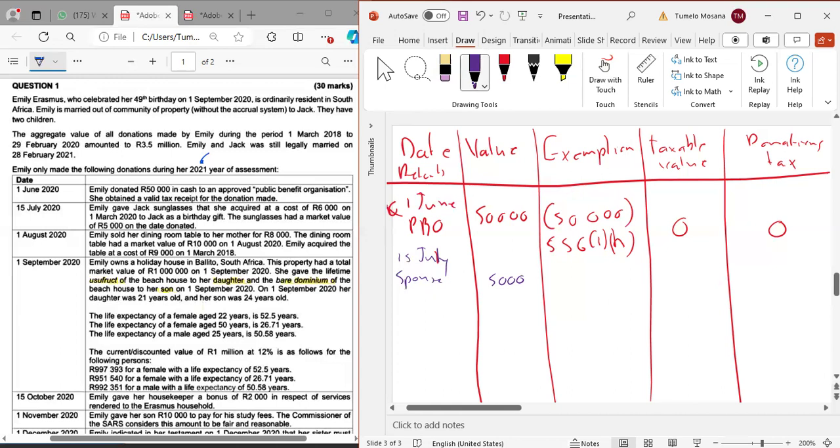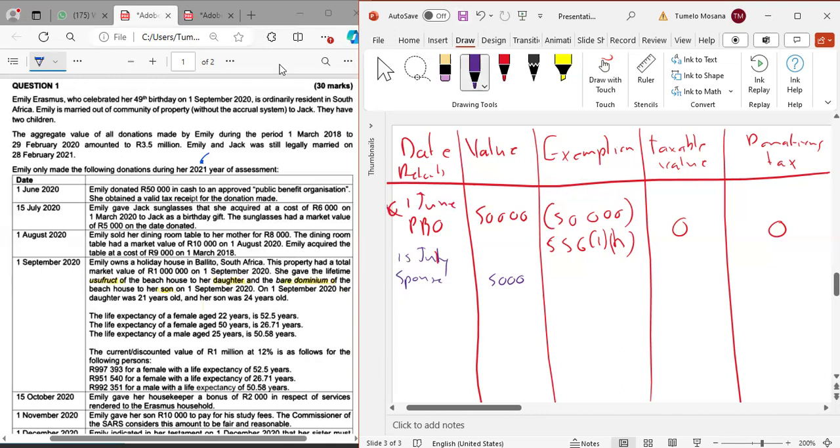And when you go deeper into donations to spouses or transactions of spouses, there's a section 9HB, somewhere along those lines, where you are deemed to be one person. So when you are deemed to be one person, essentially you are the same person. They can't tax you both for donations.